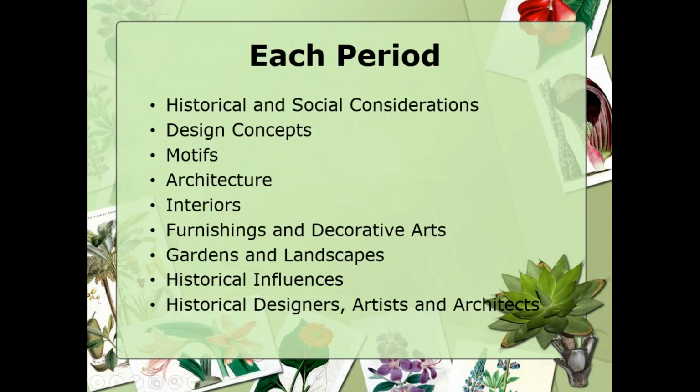Each period, there's historical considerations, design concepts, motif, architecture, interiors, furnishings, decorative arts, gardens and landscapes, historical influences, historical designers, artists, and architects. So each of these things was highlighted in your syllabus as what we're concentrating on and what our book lays out in each of its chapters.